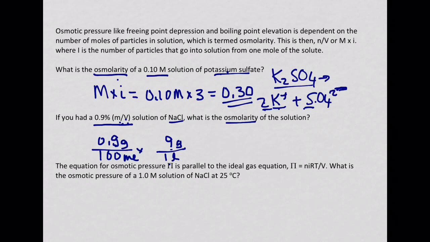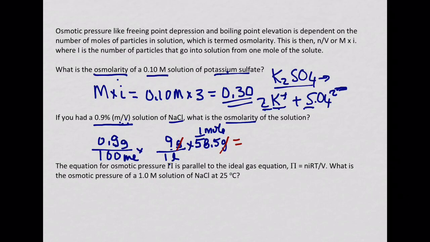We'd have to convert that now to moles. And so we would have 1 mole of sodium chloride is 58.5 grams. And so if we multiplied by that, that's going to get rid of our grams, and we're going to have that many moles.